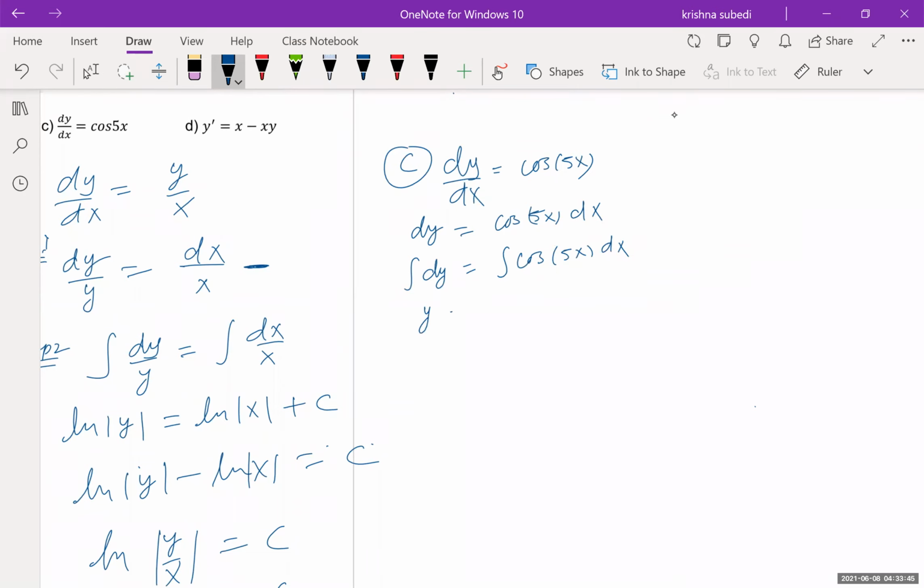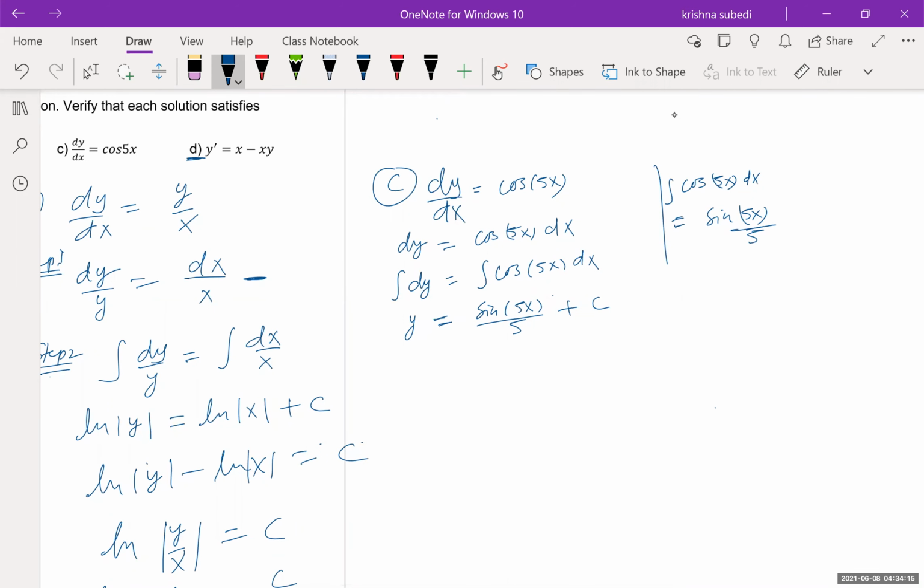So y equals, the integration of cosine is positive sine. Remember, the integration of cosine 5x dx is sine 5x over 5, we know that. So plus c, that's it, done.